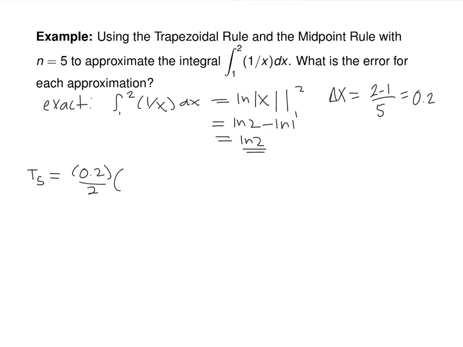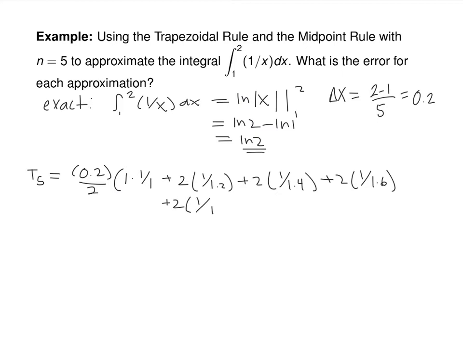And then first we plug in the first endpoint, so that would be 1 over 1, plus 2 times 1 over 1.2, plus 2 times 1 over 1.4, plus 2 times 1 over 1.6, plus 2 times 1 over 1.8, and then just 1 times 1 over 2. And that's approximately equal to 0.696.